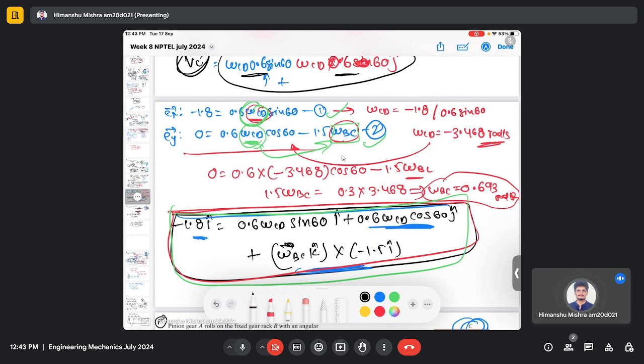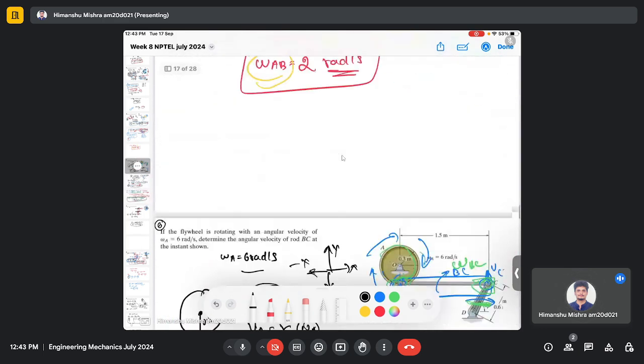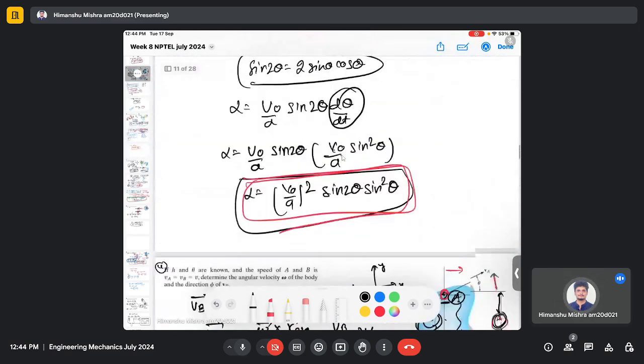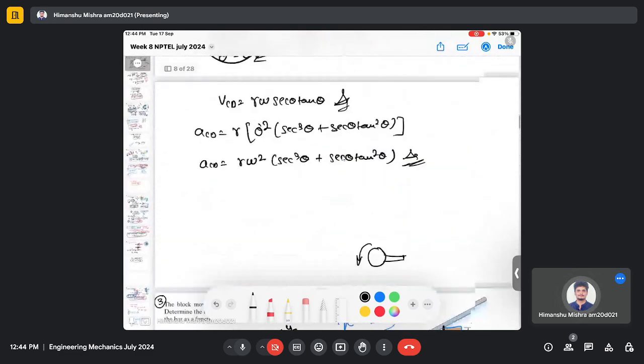We also solve problems where we use both concepts, like the first concept where we are given two members and the velocity of one member and we need to find the velocity of the other member. Then we use the relative velocity component. So we use both components in a single question, and we solve multiple questions like that. And we thoroughly discussed the governing equations that you have to use in these questions.